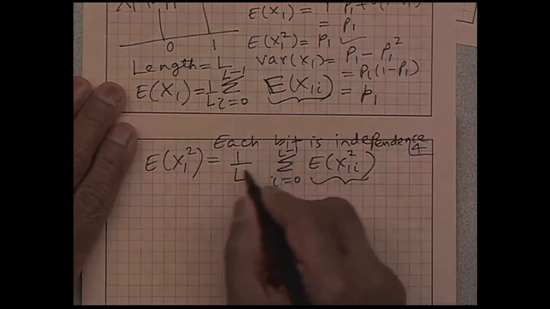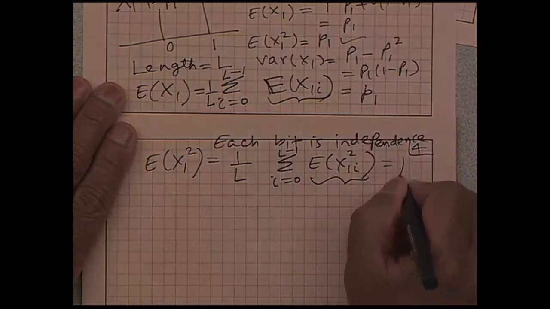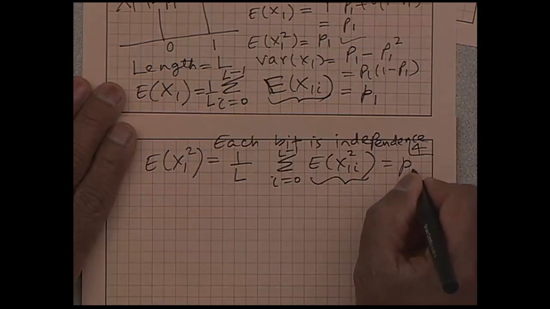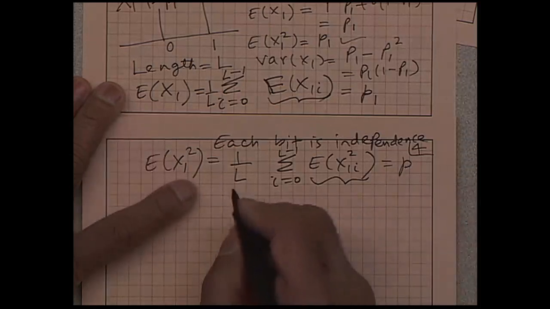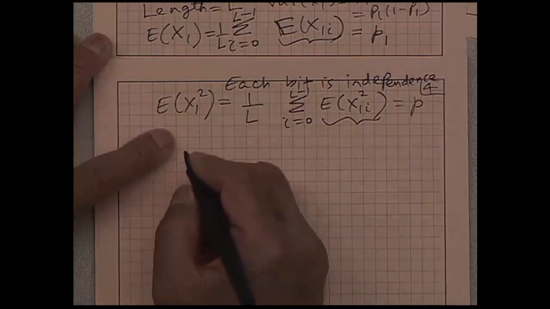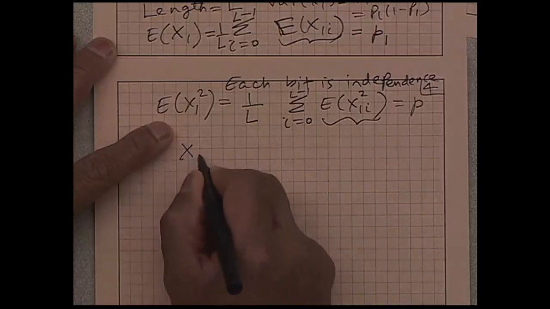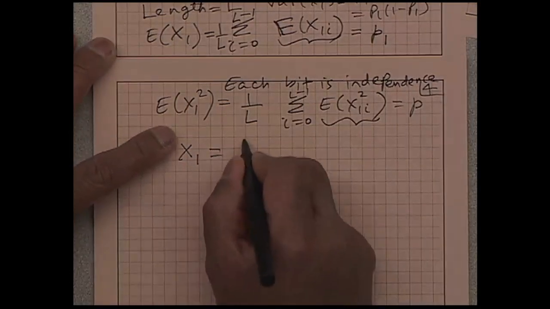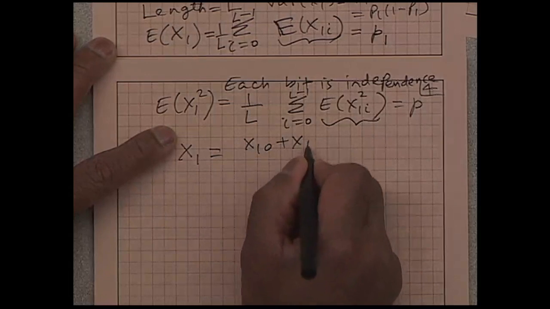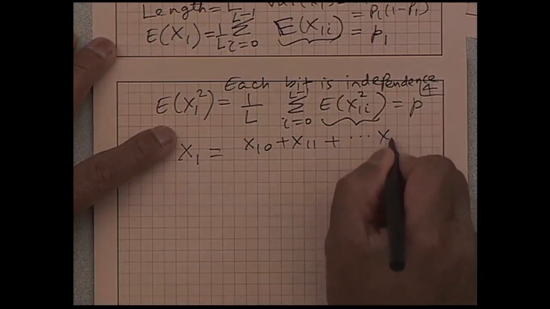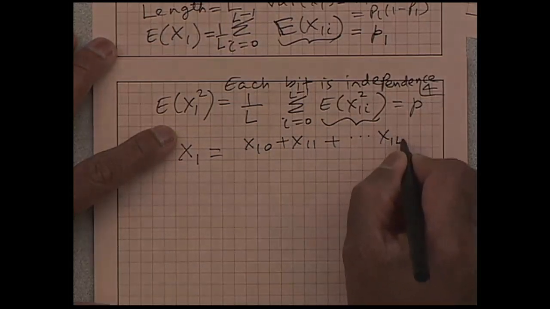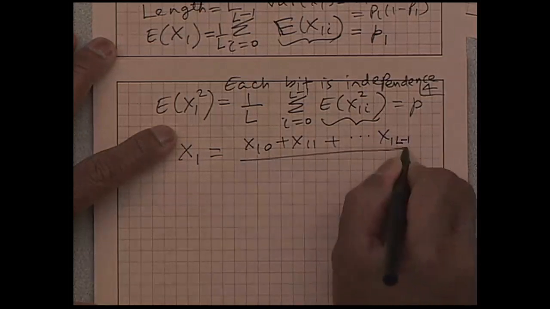P1 added L times divided by L is P1. No, this is actually not true. So let me write this down. x1 is equal to x1 0 plus x1 1 plus up to x1 L minus 1, divided by L.